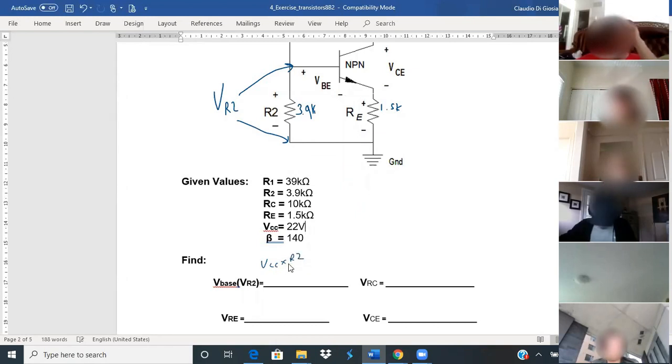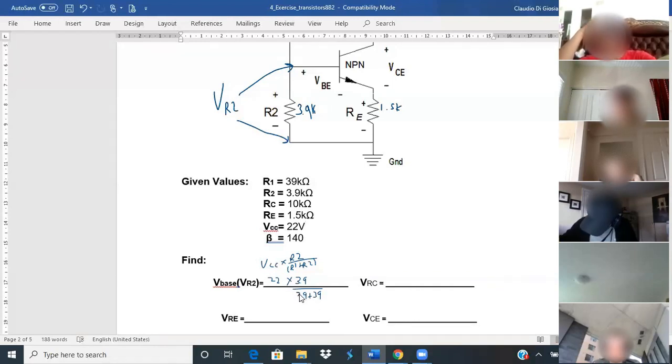R2 over the sum of R1 plus R2. So we've got 22 multiplied by 3.9 over the sum of 3.9 plus 39.